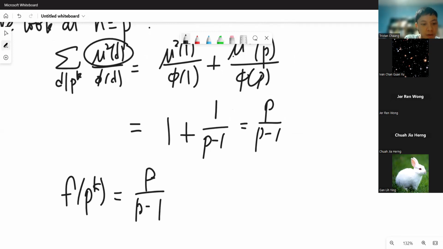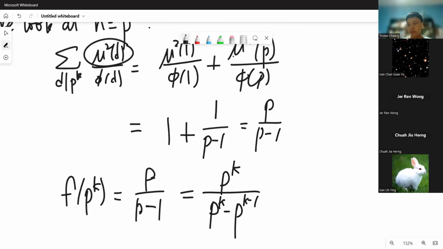Can we think of a multiplicative function that obviously satisfies this? Okay, it might not be that obvious, but if I write it like that, you can probably see it. So what is it?